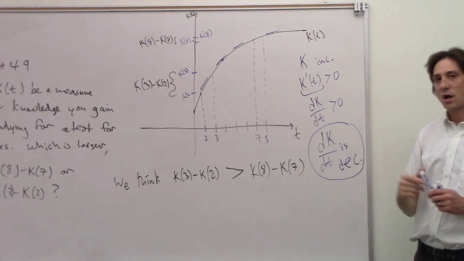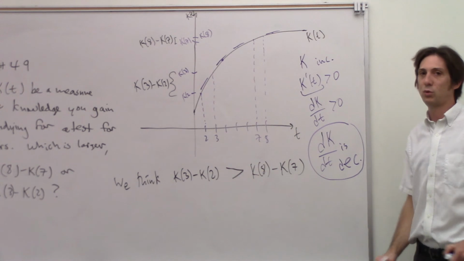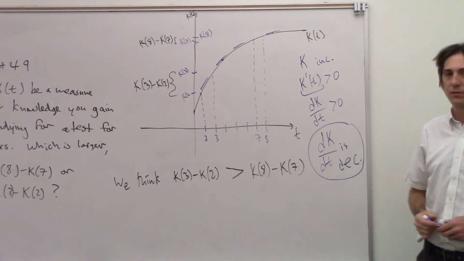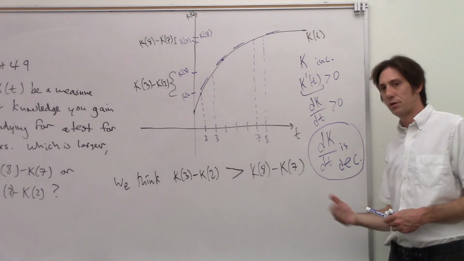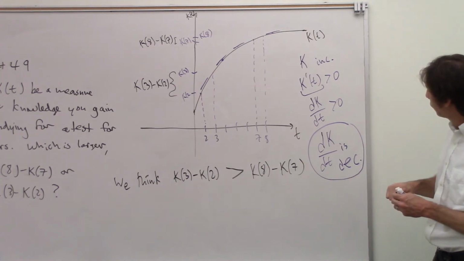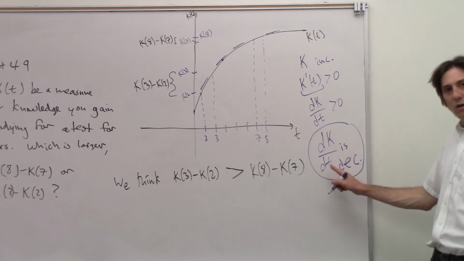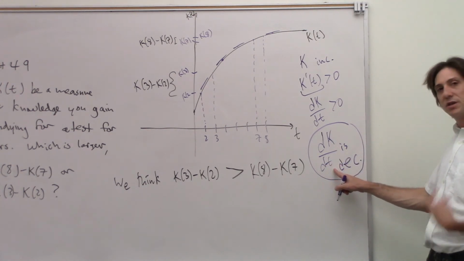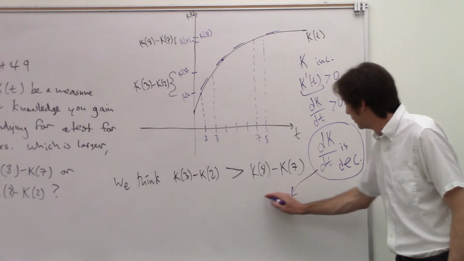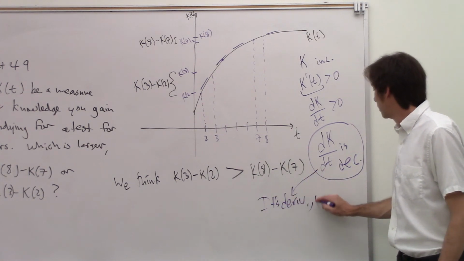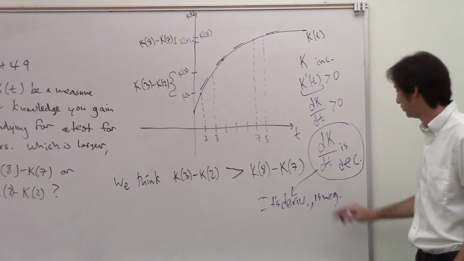In 2.4, they talk about something called second derivatives, which are, like it sounds like, the derivative of the first derivative, or two derivatives of the original function. And so I'll write it down and then I'll say more about it at some other time. But if my derivative as a function is decreasing, then its derivative is negative.